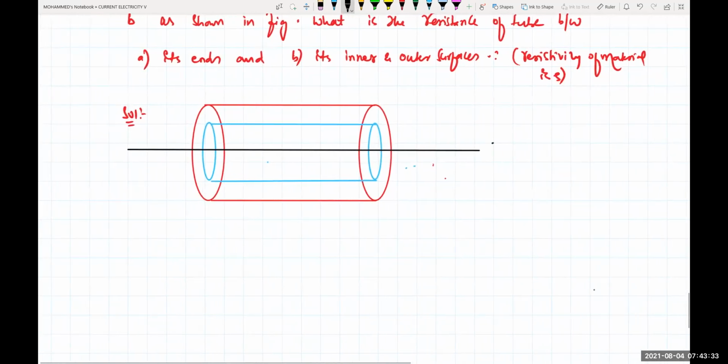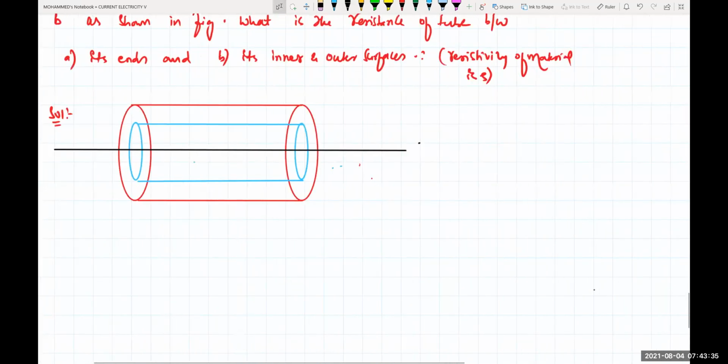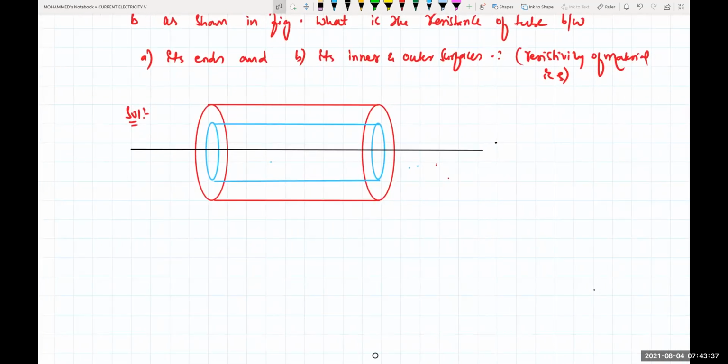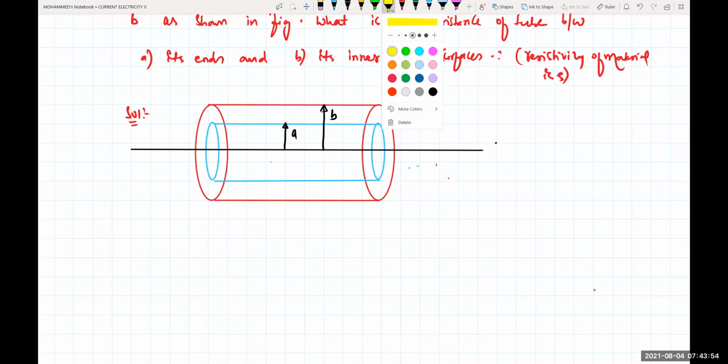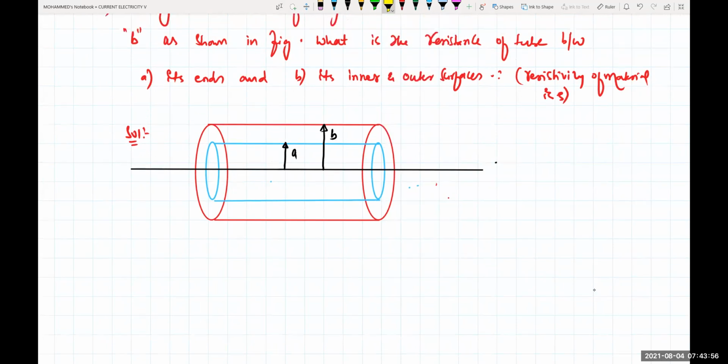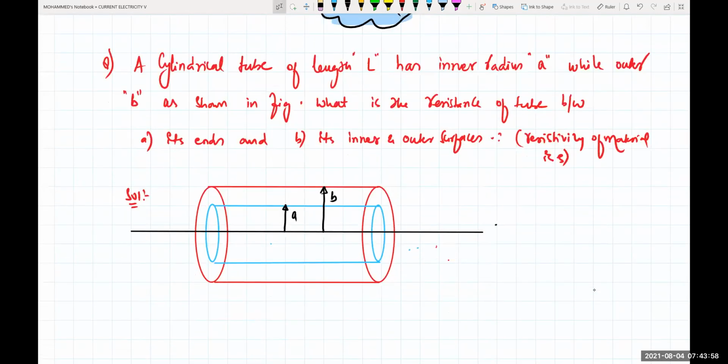From this axis, this distance is B, and this distance is A. Now, in between them, it is being filled with a dielectric. That's what it's telling here.